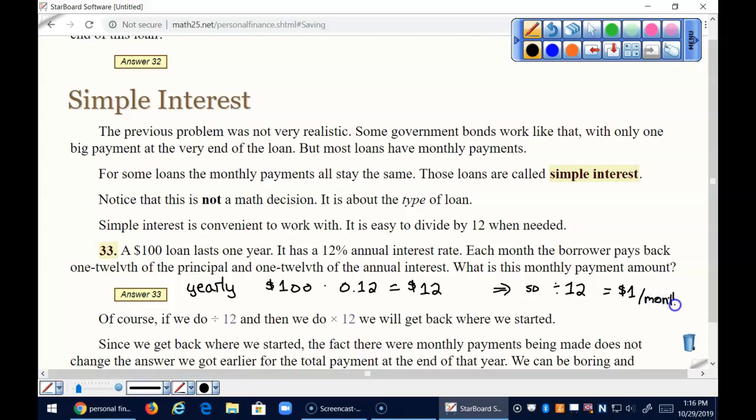That's not a big problem at all. And notice if we were to start with this and try and find an annual amount, the times 12 would get us back where we started. It's kind of stupid to do.